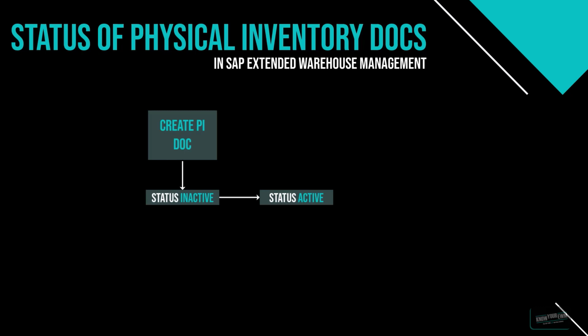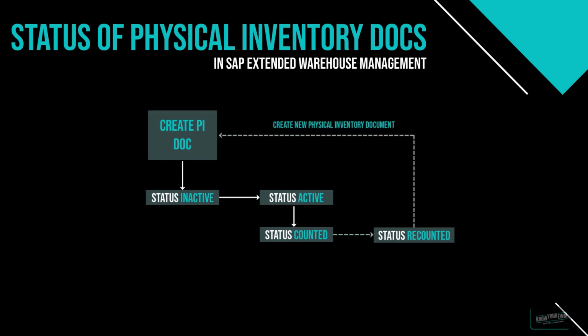Now the counting process starts, and the status now changes to counted. If a recount is necessary, the status is set to recounted, and a new physical inventory document is created. The process basically starts from scratch with a new document. When posting the physical inventory document, the status switches to posted.